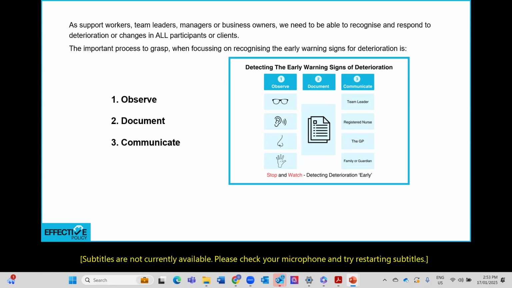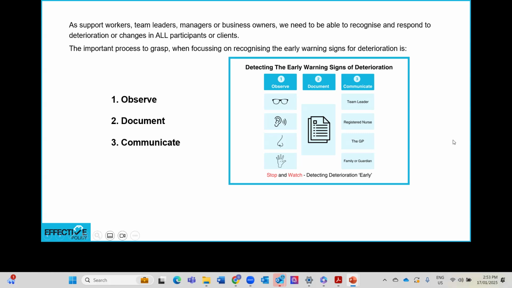Everybody, please have a go. You can generally hear when someone's speech is declining or they're having more episodes of speech or swallow issues. Yes, you can hear that, can't you? You can hear someone gurgling. You could hear somebody slopping their food.